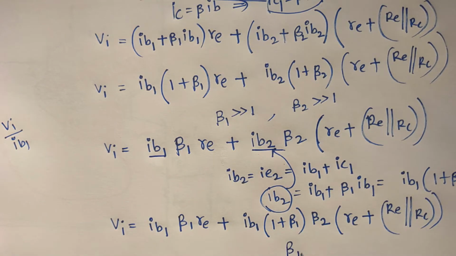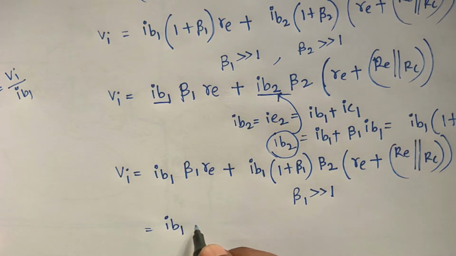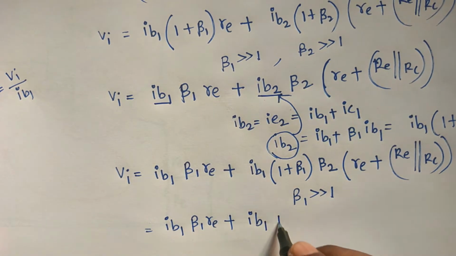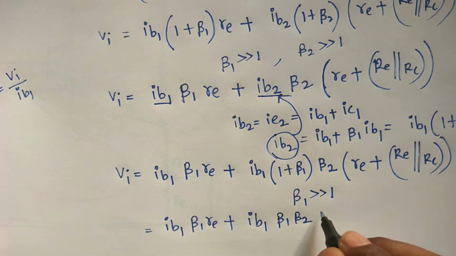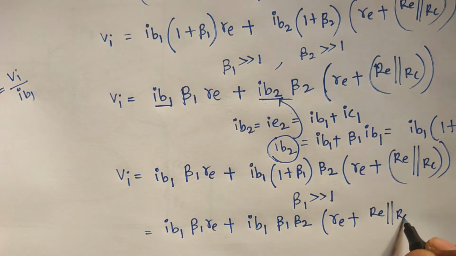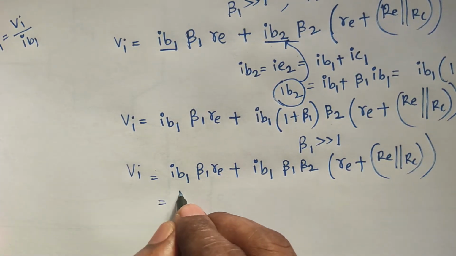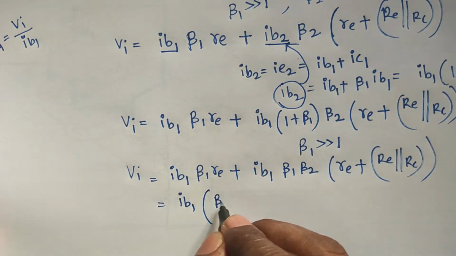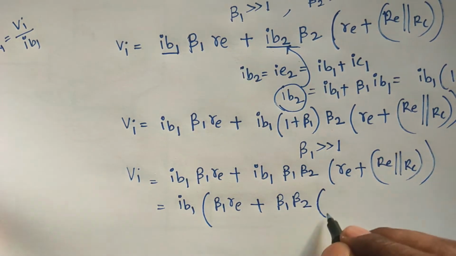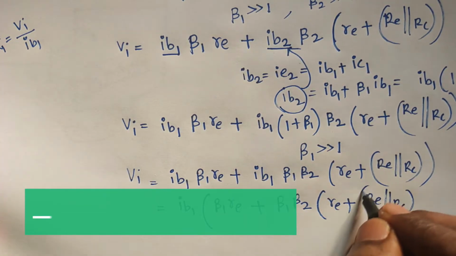Here beta 1 is greater than or equal to 1. Finally, that is IB1 beta 1 RE plus IB1 beta 1 beta 2 into RE plus RE is parallel with RC. That is the VI. So here IB1 is common, that is beta 1 RE plus beta 1 beta 2 into RE plus RE is parallel with RC.